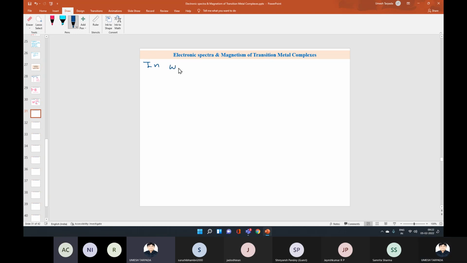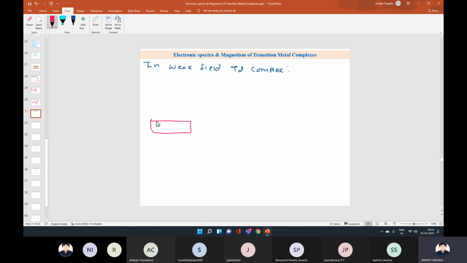In weak field tetrahedral geometry, A2 is lower. Here you can have a diagram. These are the 7 F orbitals, so it gets split here.